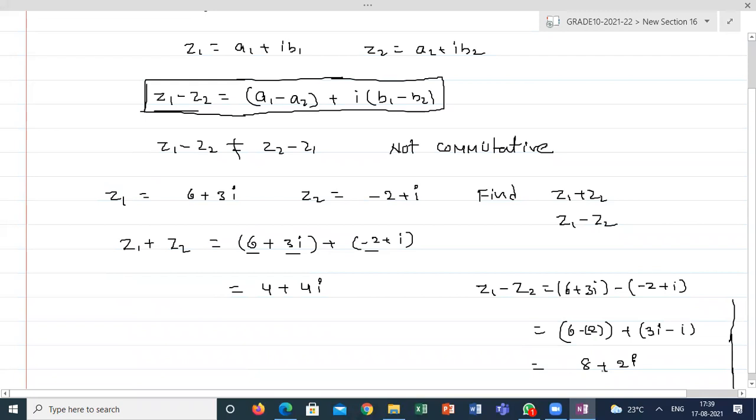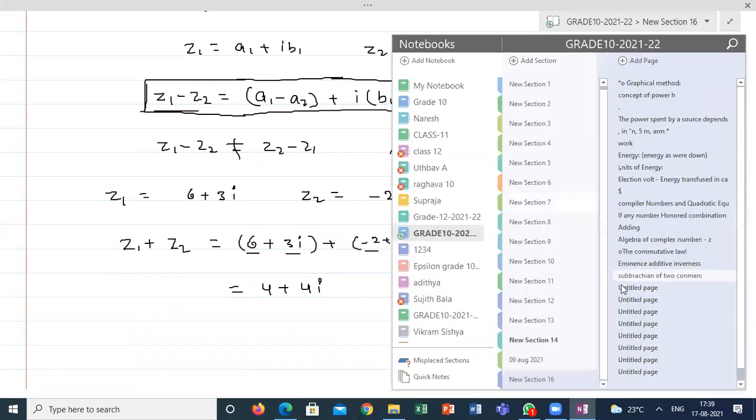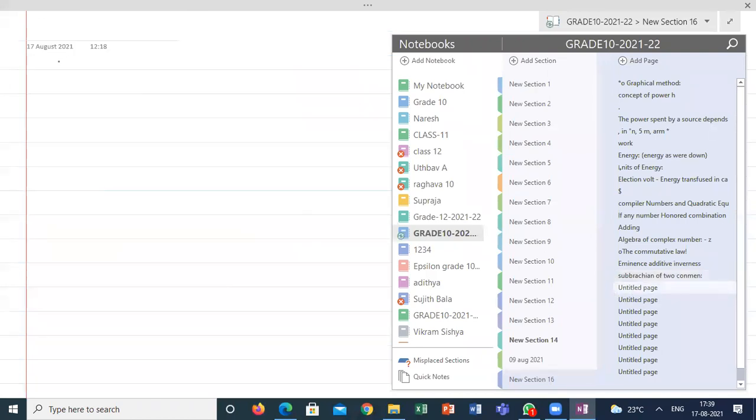Suppose it's the same. Multiplication of complex numbers. Students, just hold on a second.